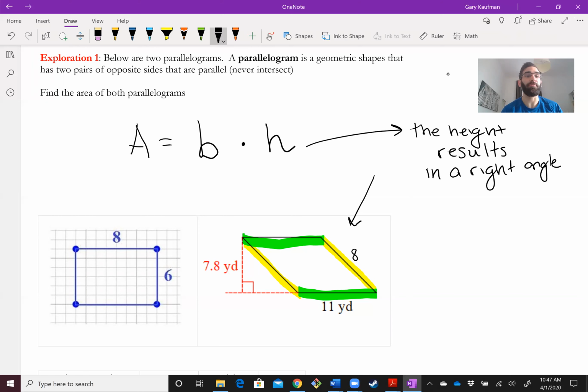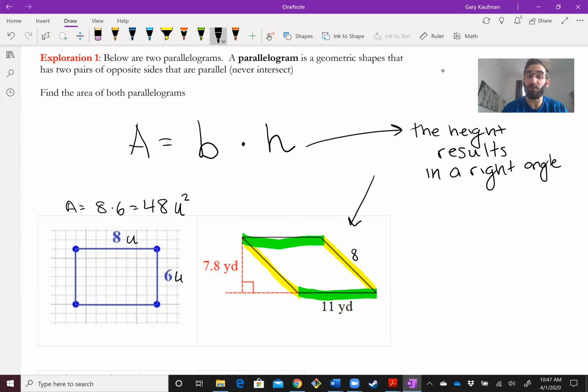So find the area of both of these parallelograms on your own. Don't forget, we always label with units. Go ahead. So our first one, we have a base of 8 and a height of 6 because it's a rectangle. So our area is 8 times 6, which is 48 units squared, because I am also multiplying the units by units.